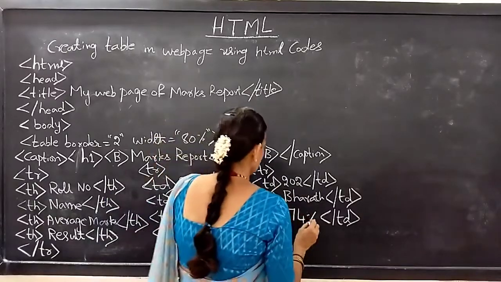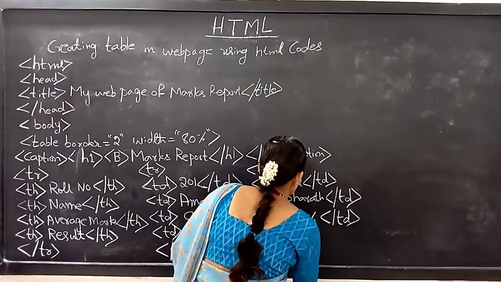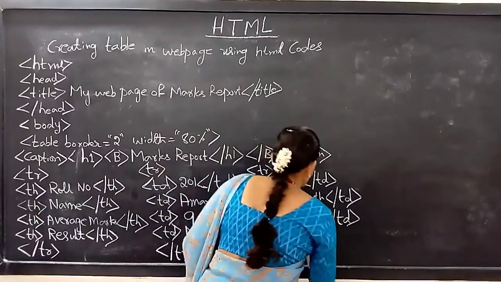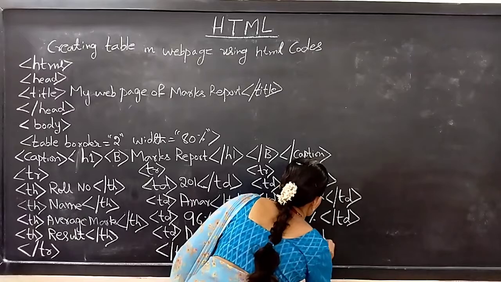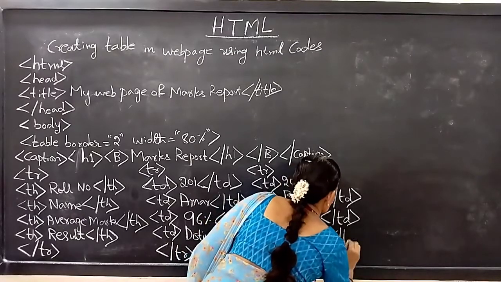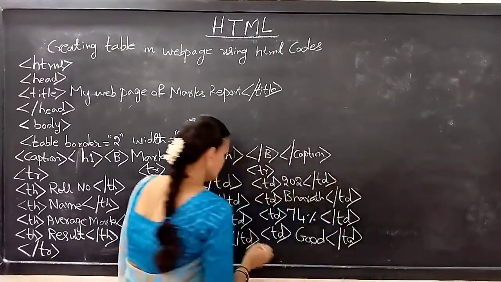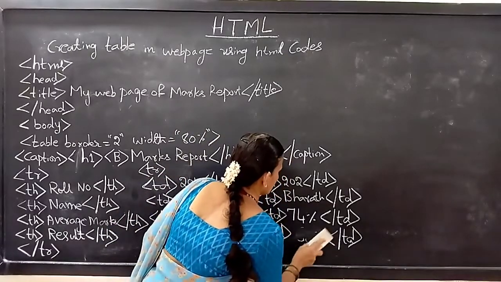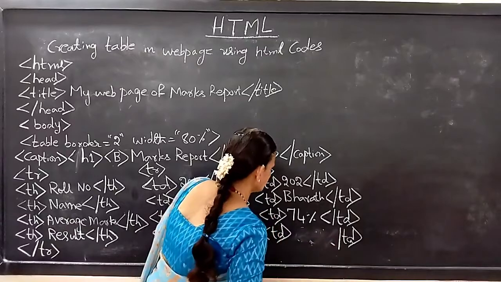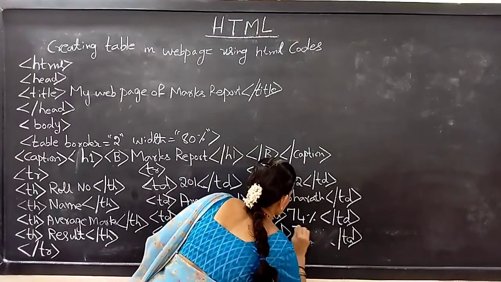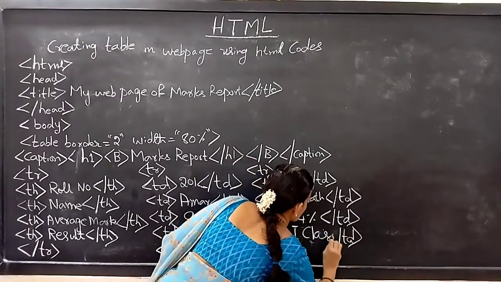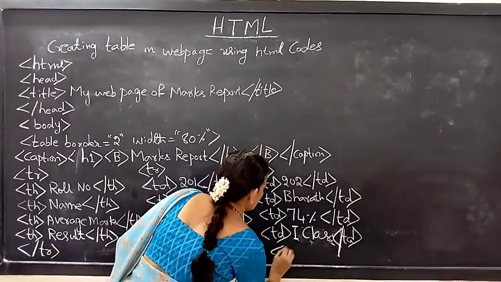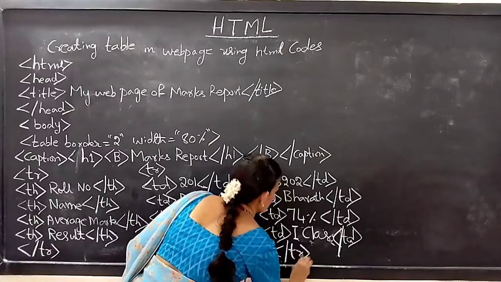And the result we can write as good, or we can write distinction. Here we can write first class, because we are writing the grade now. First class, slash TD over, again TR close over.